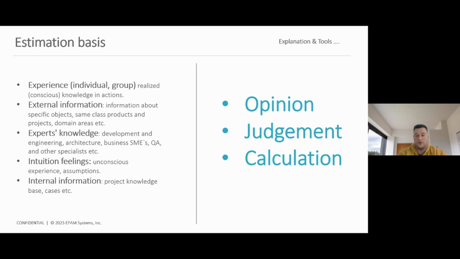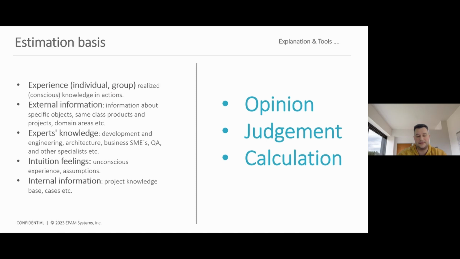And of course, experts' knowledge. What is that? You know, guys, you could have a dream team, a stars team, with great knowledge and great experience in IT development. But as we usually have in practice, this team might not have, for example, a deep enough understanding of the domain area.